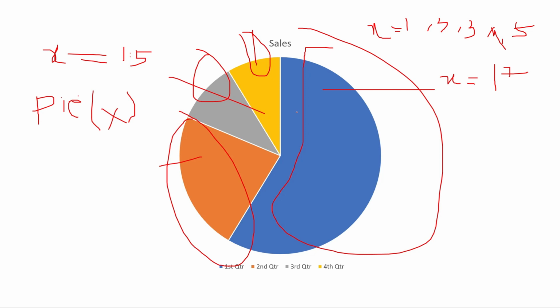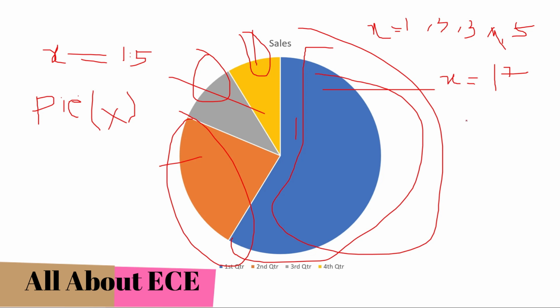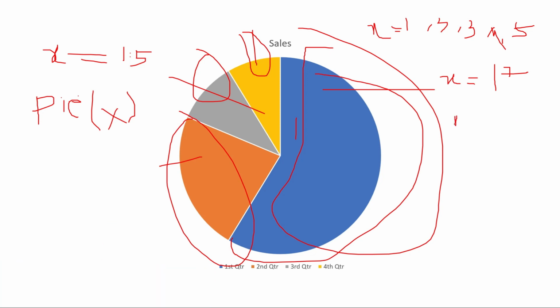If I want to get the percentage of the first portion, I take the first position value, which is 1, divided by the total value, so 1 by 15, multiplied by 100. You will get some percentage, and according to that it will be divided and shown by the MATLAB command. We'll see it in execution itself.